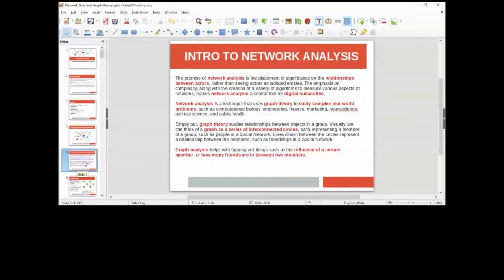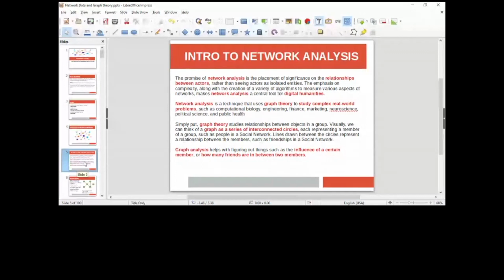It puts relationships between objects in a group. Like I mentioned, every data has actors, or entities, or objects. This relationship matters a lot. Visually, we think of a graph as a series of interconnected circles representing members of a group, such as people in a social network.